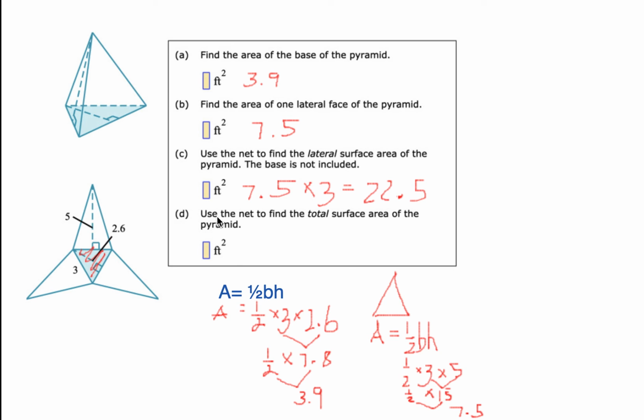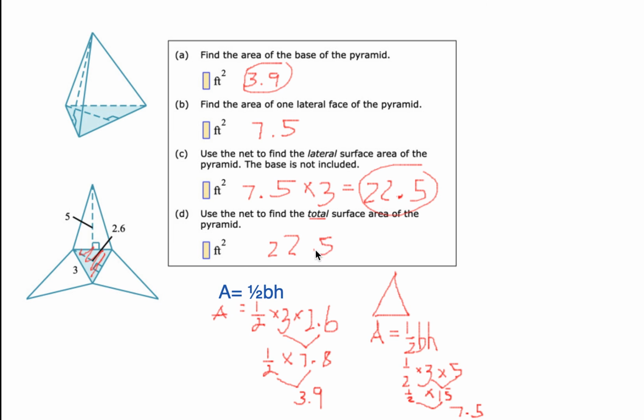And then it says, okay, last one. Use the net to find the total. That means I have to add up all of these. I don't need to add this up because it's already here. That's when I multiplied by 3. So I already know that all 3 of these are 22.5. And then the base was 3.9. So here we go. We're going to add up 22.5.